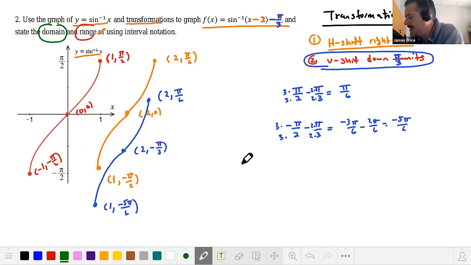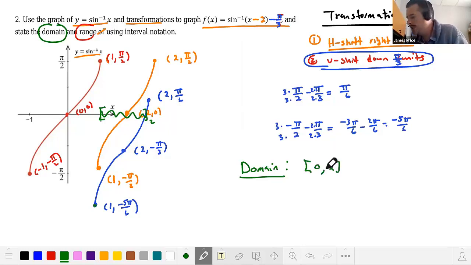So for the domain on this new function, remember, how do you find it? Well, it's just the input values. So you're just going from here from 1, and you include the endpoint because it's a closed circle, all the way out to this point right here, which is 2. So this goes from 0 to 2.